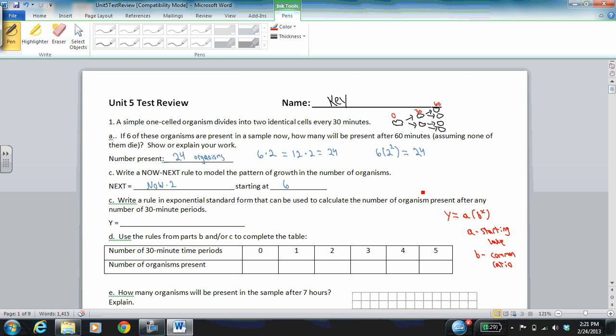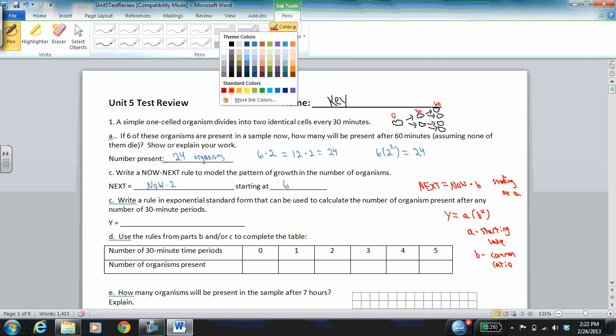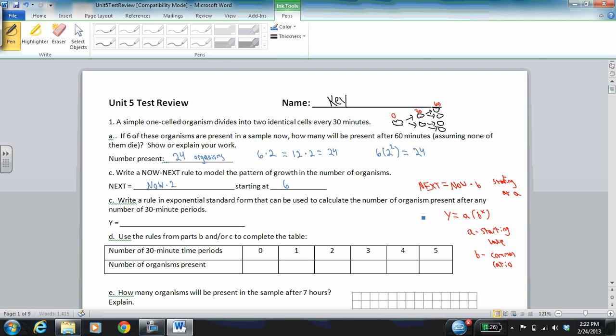But in a now-next rule, it's next equals now times b, starting at a. So everything that we've done this unit is summarized by these two rules, the recursive formula and the explicit formula.